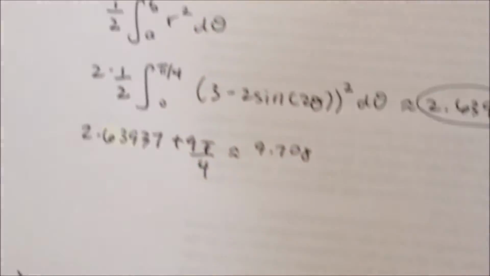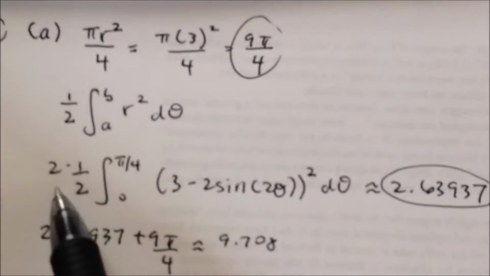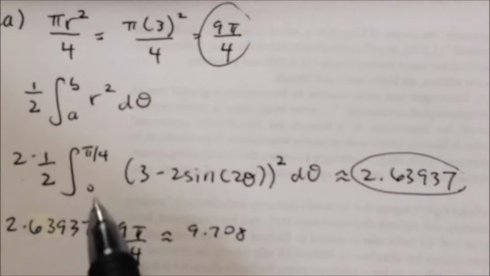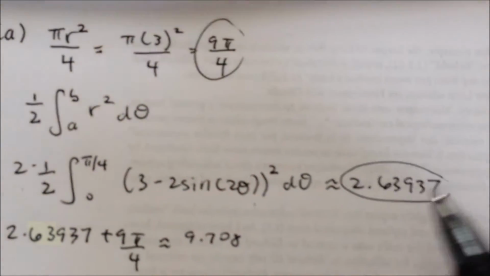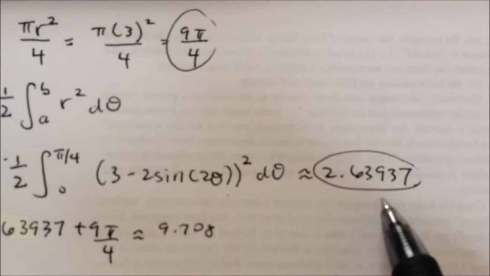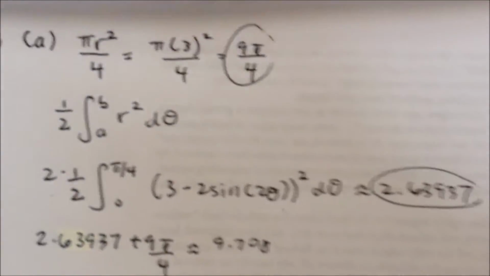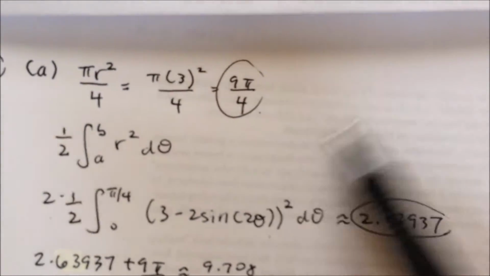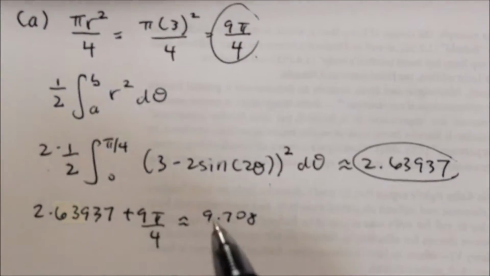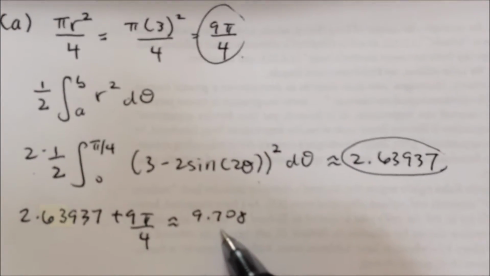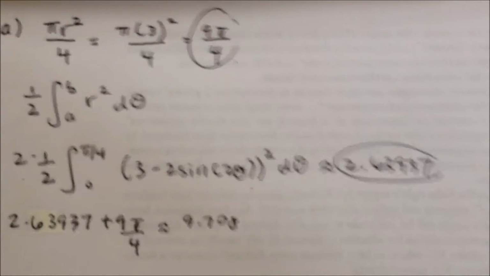So now we can set up our integral as 2 times 1/2 of the integral from 0 to pi over 4 of our r squared, and that roughly gives us 2.63937. And then don't forget the 9 pi over 4 that we already calculated, so we add those two areas, and our final answer is going to be 9.708.